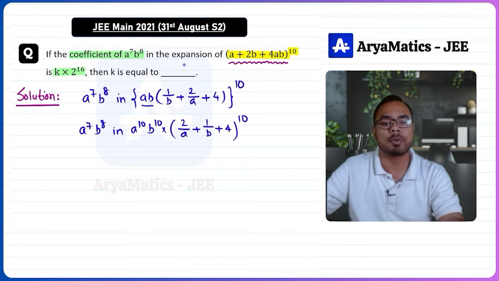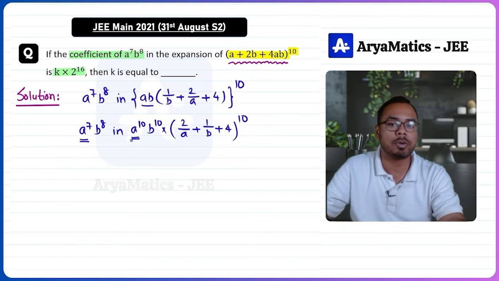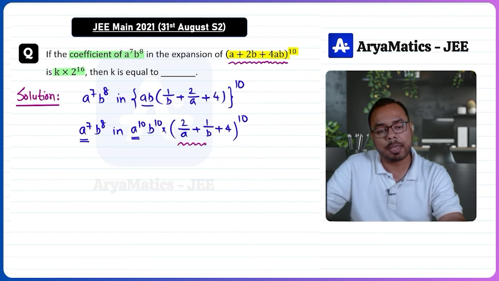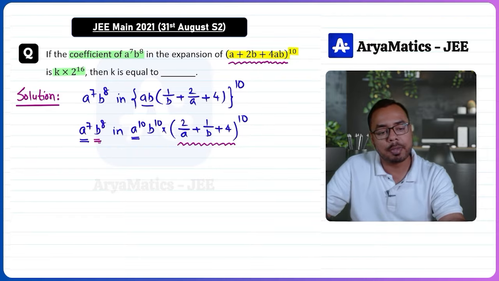Now in the next step, you can see what we have to do. If I need a raised to 7 and we already have a raised to 10, then in this one we need 1 by a cube, right? 1 by a cube multiplied with a raised to 10 will give us a raised to 7. And similarly, if I need b raised to 8 and we already have b raised to 10, then in this expansion we need 1 by b square.